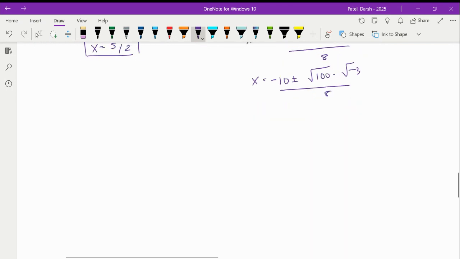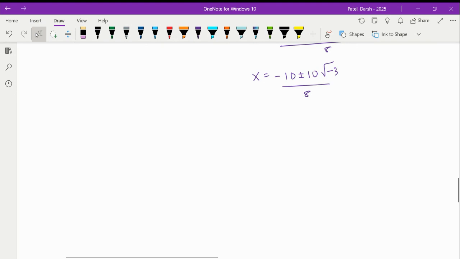Boy, this can be a long one. X equals negative 10 plus minus, square root of 100 is 10. And then remaining radical 3 all over 8. And since this can all be divided by 2, it will be x equals negative 5 plus minus 5 radical negative 3 over 4.